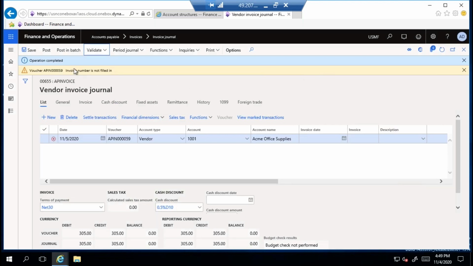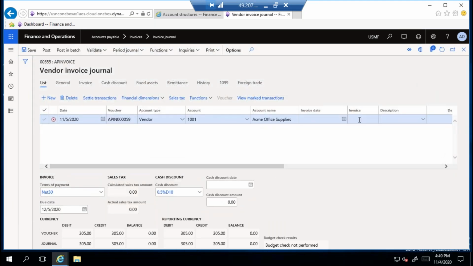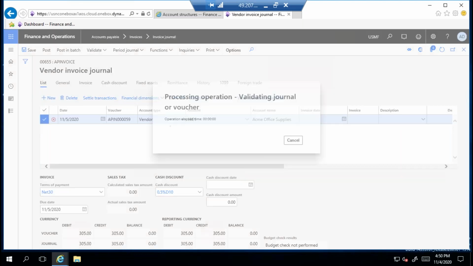It is throwing an error message, item number is not filled in. So we need to map it, because if it is a vendor invoice, item number must be filled in. The same thing, you can click on validate or simulate posting also, and you will get the same error messages.